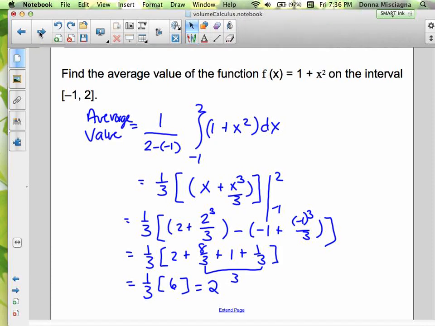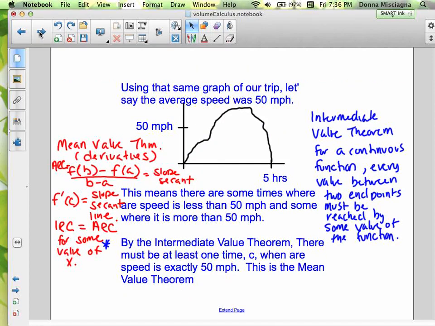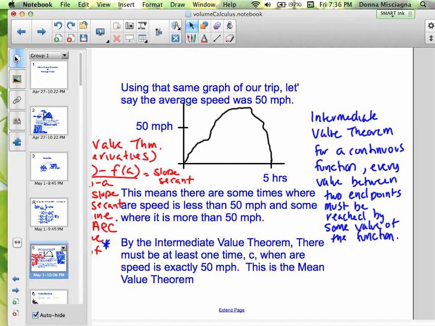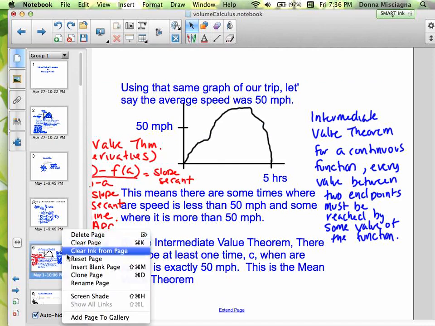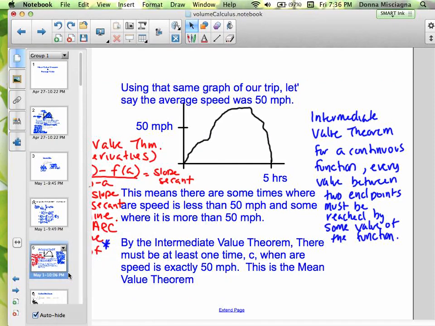So let's look at mean value theorem for integrals. Just as a reminder, and actually maybe I should put this on its own page. I think I will do that. This page is a little crowded here. Oops, and I want to clone the page.